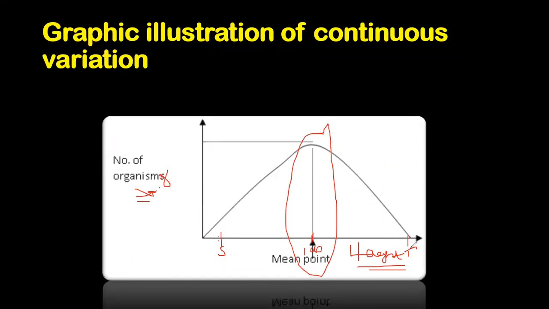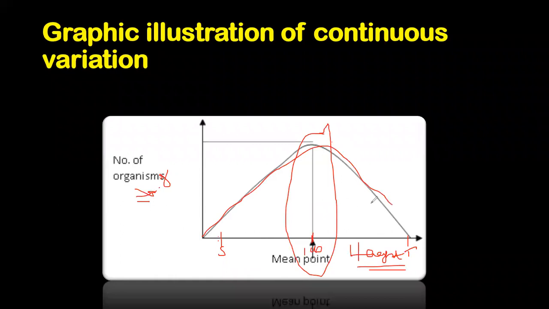And if you count how many people are too tall, you still get very few people. But when you count those who are not tall, not short, just in between, oh my God, you get very many people. And if you plot the number of organisms against a given height or a given parameter, then you get such a curve.